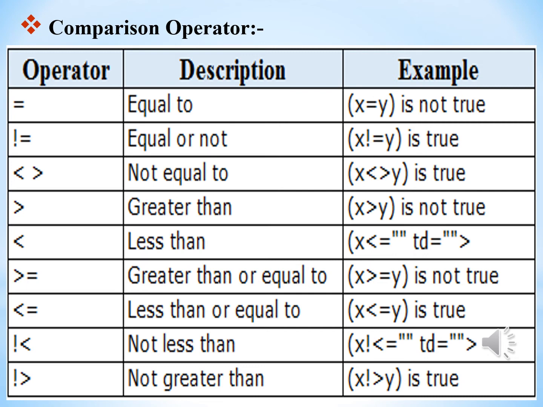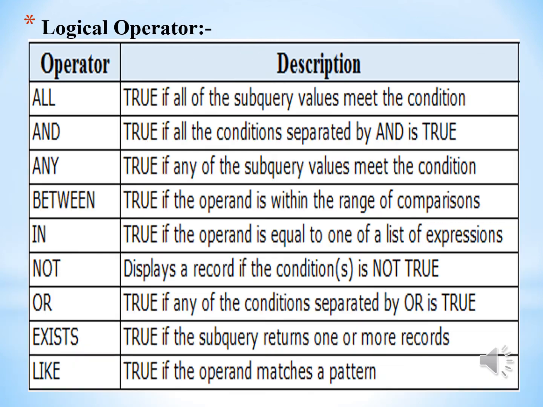X not less than y is true. And then not greater than. It checks whether the left operand is not greater than the value of the right operand, so it is not true. Next is the logical operator.